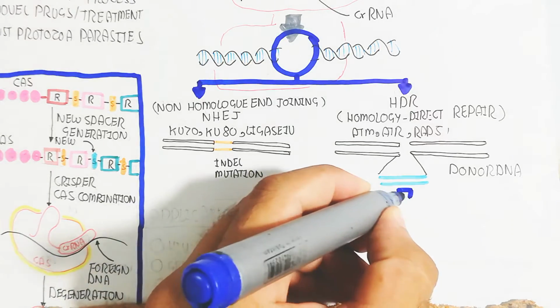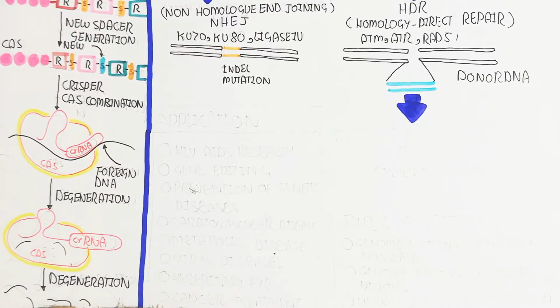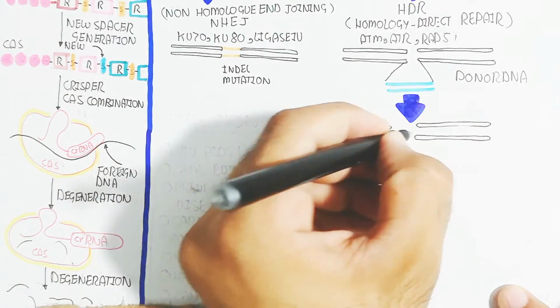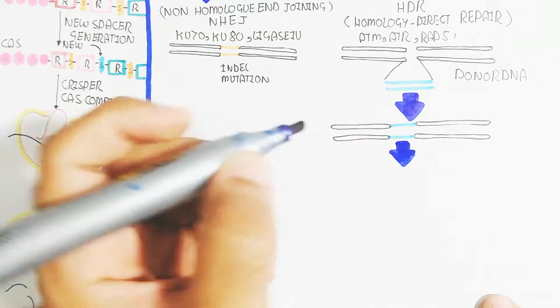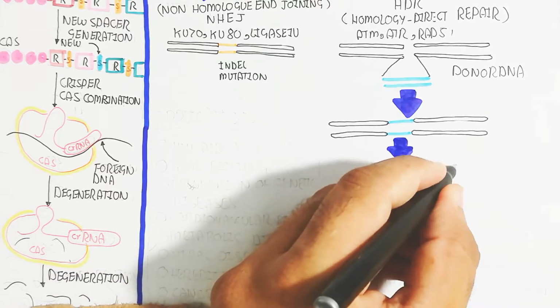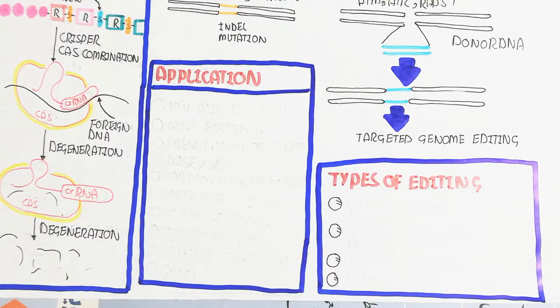In this way, the donor DNA will be bound, for example, our gene of interest, which can be bound. But the non-homologous end joining, NHEJ, is the indel mutation. So the indel mutation can occur. But this is the mechanism of genome editing using CRISPR-Cas9.